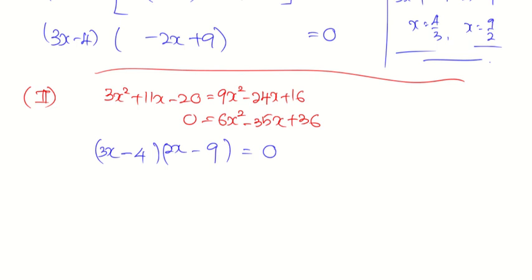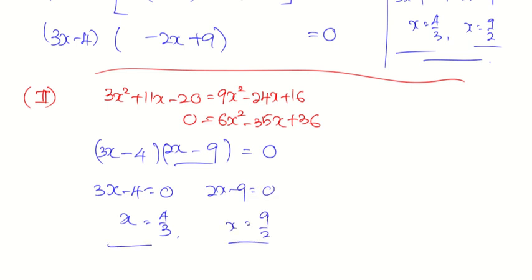Check and see. Oh, I'm so lucky. Yeah, I get the answer. So 3x minus 4 equals to 0. X equals to 4 over 3. Then here 2x minus 9 is 0. X equals to 9 over 2. Yes, we have the same answer. Okay, you can use method 1 or method 2.